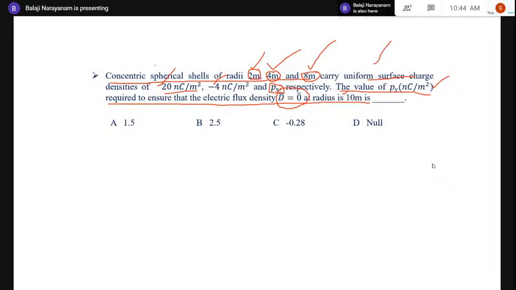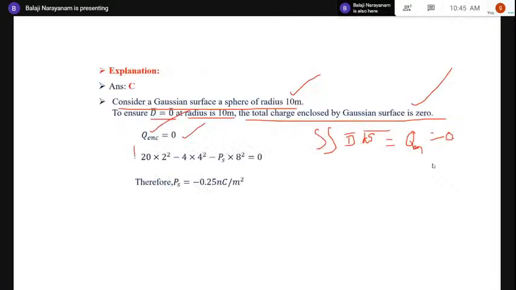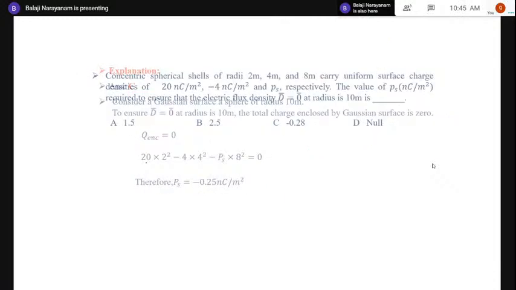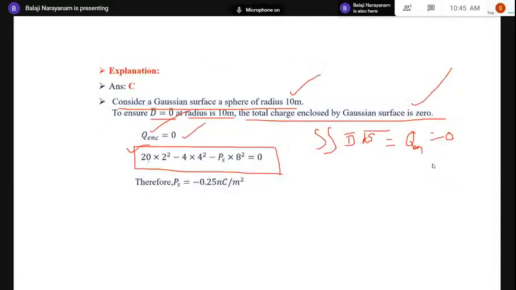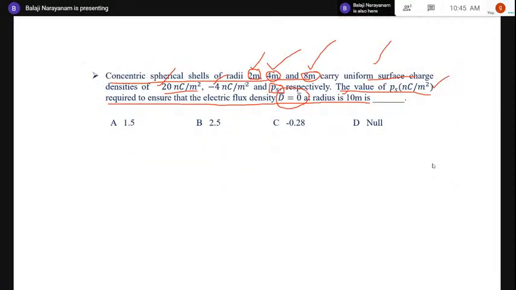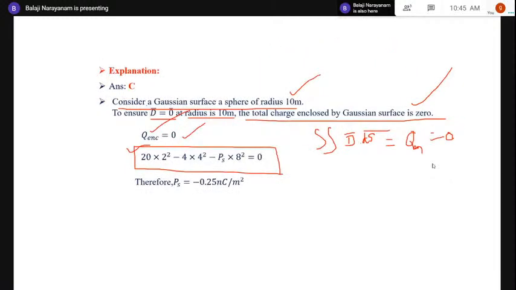The surface charge densities are given. What are the units for surface charge density? Then you get 20 nanocoulomb, that is 20 into 10 power minus 9, multiplied by 2 square, the radius square. So coulomb per meter square into meter square leaves us with coulombs.